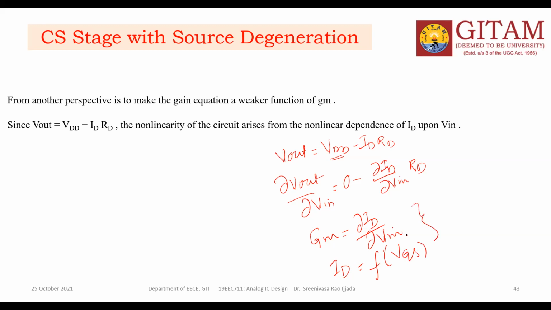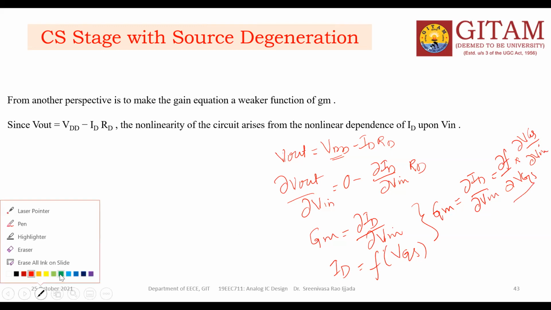From these two, I can write capital GM is equal to ∂ID by ∂V in, which I can write as ∂F by ∂VGS multiplied with ∂VGS by ∂V in. Okay, this is capital GM, not small gm.